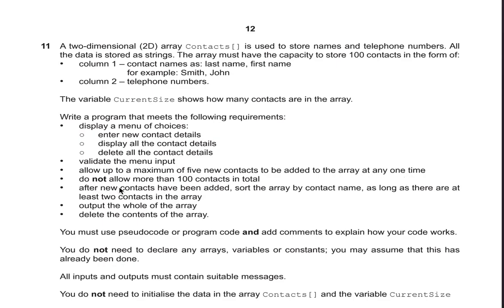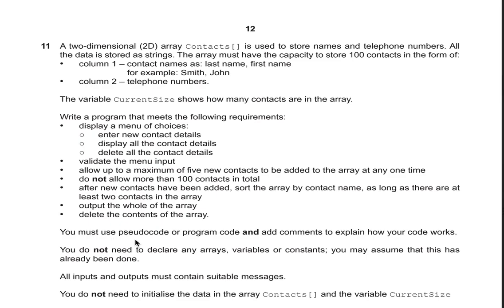Do not allow more than 100 contacts in total. After new contacts have been added, sort the array by contact name as long as there are at least 2 contacts in the array. Output the whole of the array, delete the contents of the array.